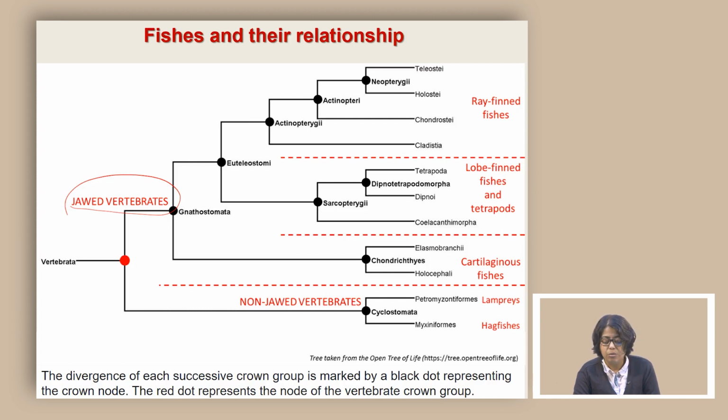Such fishes include things like sharks. And then we also have fishes which we see very commonly today, which are called ray-finned fishes, and we are going to look at it in more detail. But then there are branchings which include interesting things called lobe-finned fishes and something called tetrapods.